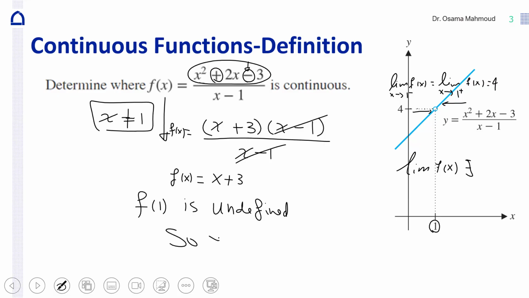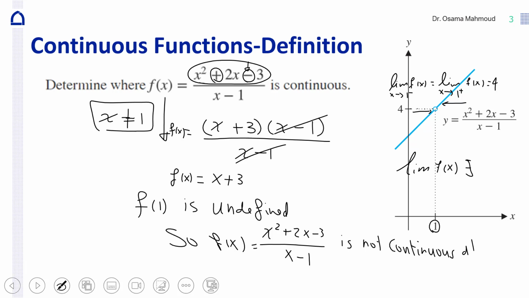So f(x), which originally is x squared plus 2x minus 3 over x minus 1, is not continuous at x equal to 1 because we're missing the value: f(1) is not defined.